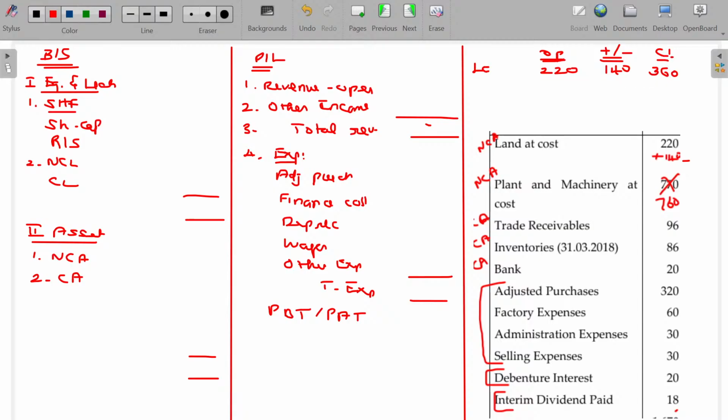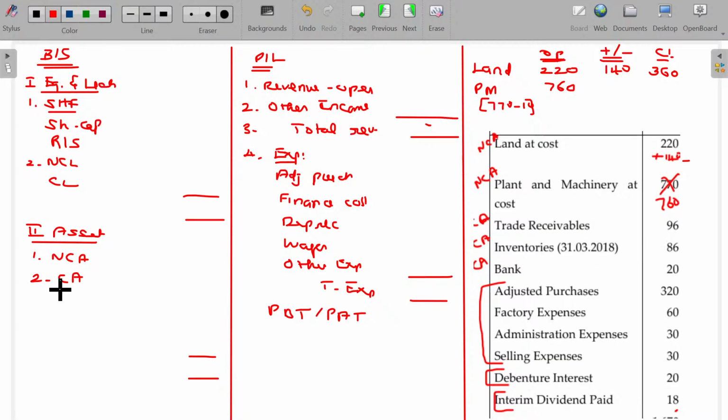This is for land. Similarly, plant and machinery 760, originally 770, 10 rupees worth of plant and machinery sold. You can subtract that one also, no problem. 770 minus 10.